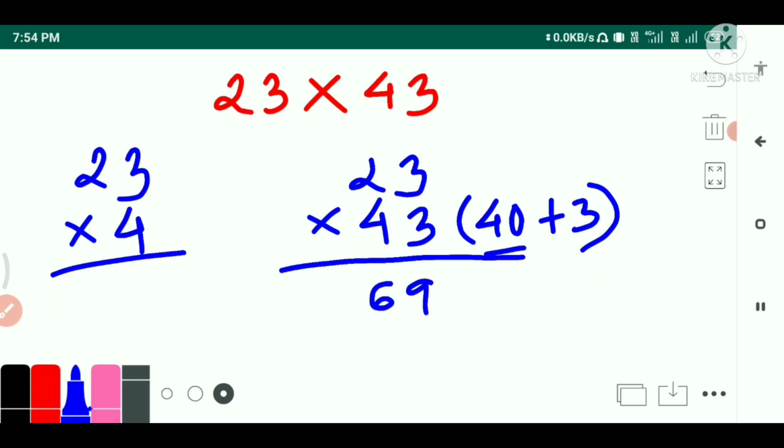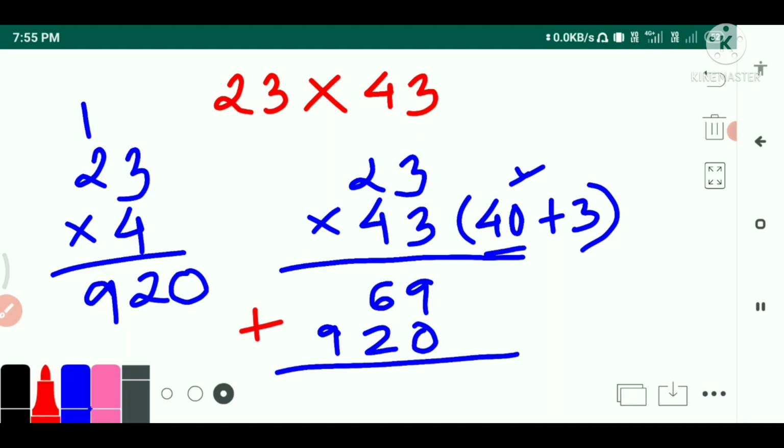So 23 into 4, so 4 3s are 12, 1 is there, 1 will be carried. 4 2s are 8 plus 1, 9. So we got what? 92. Now we'll add this 0, so it will become 920.